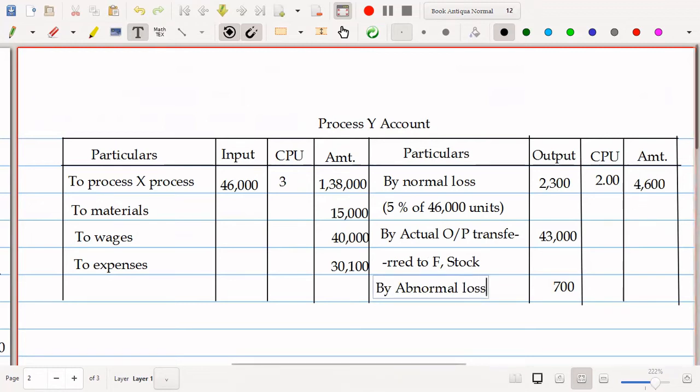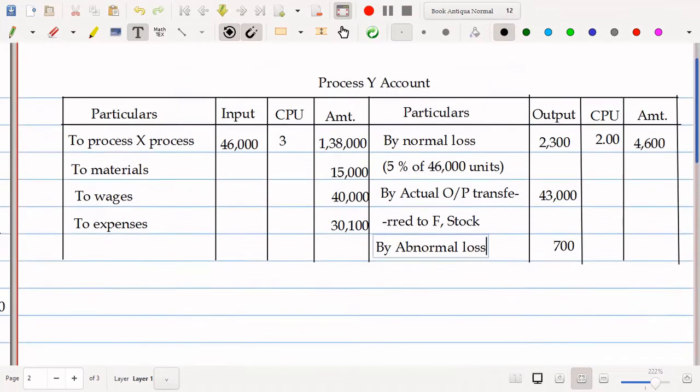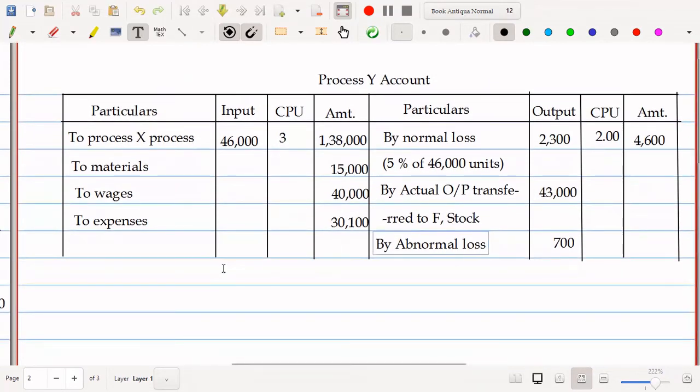Now let's go for the working notes, because we have to calculate the CPU. We'll have a look and see, 46,000 is the right answer on both sides. Now let's go for working notes.